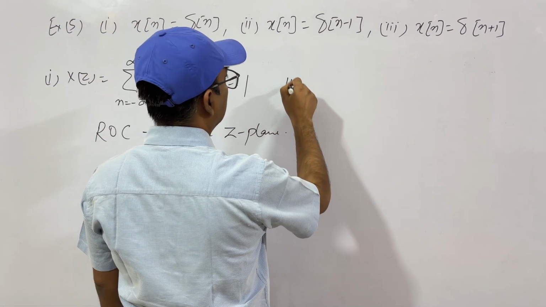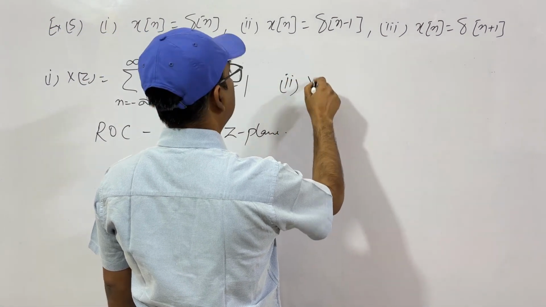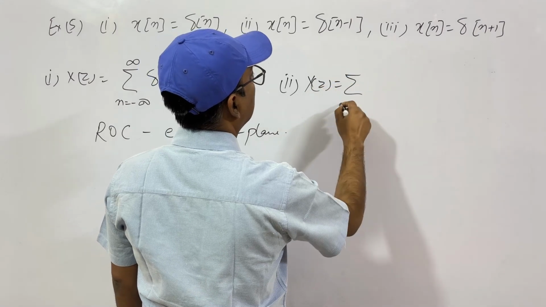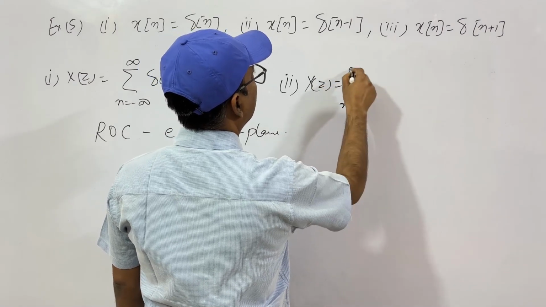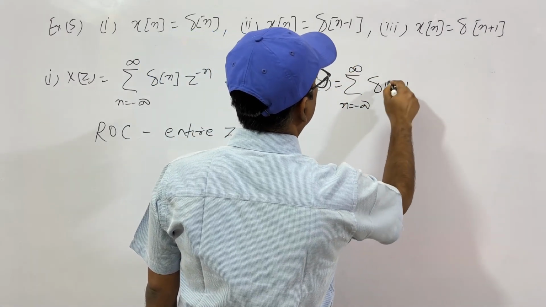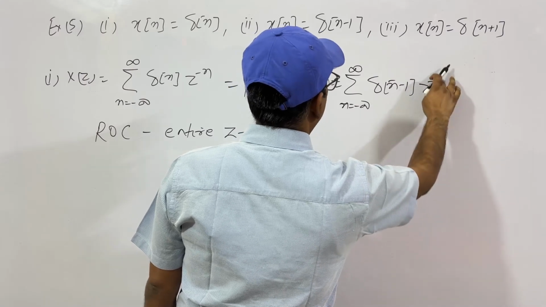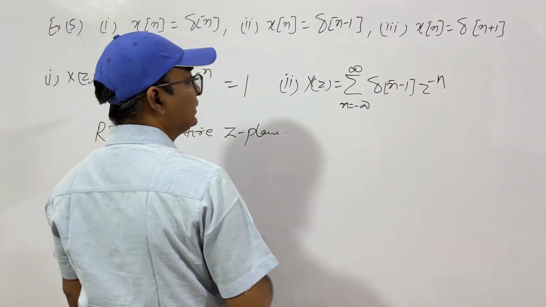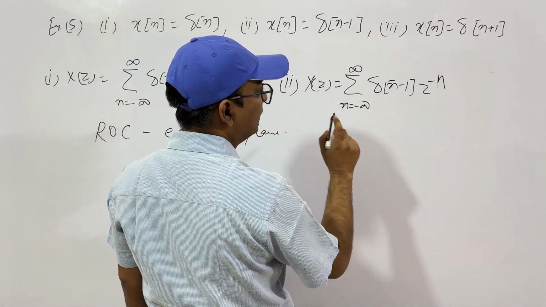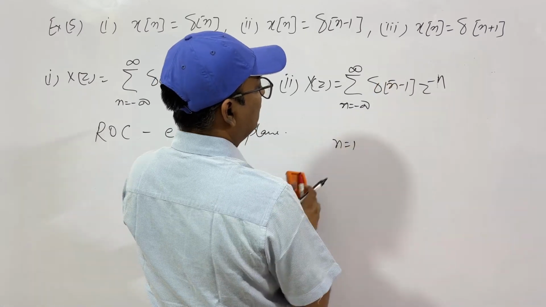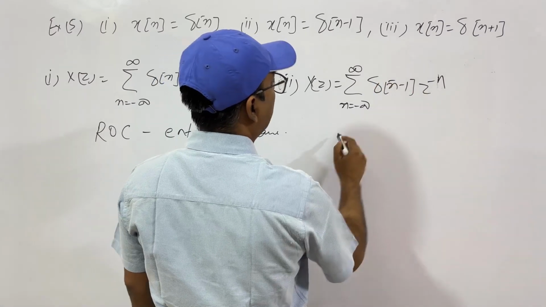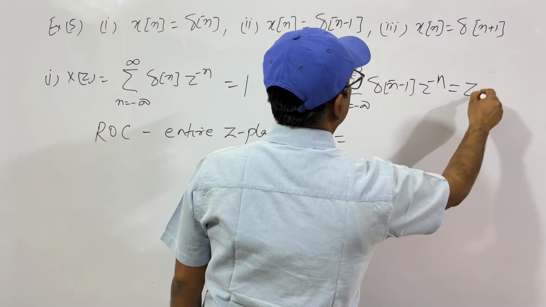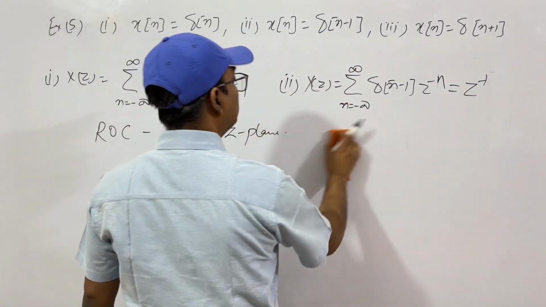Now let's see the second one. X(z) is the sum from n equal to minus infinity to infinity of delta[n minus 1] z to the power minus n. What is the meaning of this? This means at n equal to 1 it is 1, otherwise 0. So at n equal to 1, this will be z to the power minus 1, so X(z) is 1 by z.